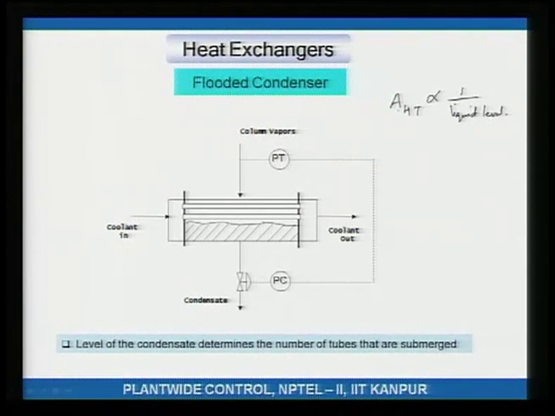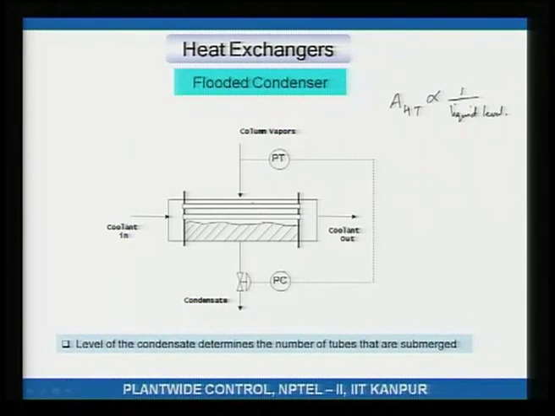So in this case, if the pressure of the column is increasing, that means more vapor is coming in than is being condensed. To condense that extra vapor, what the pressure controller would do is open this valve.